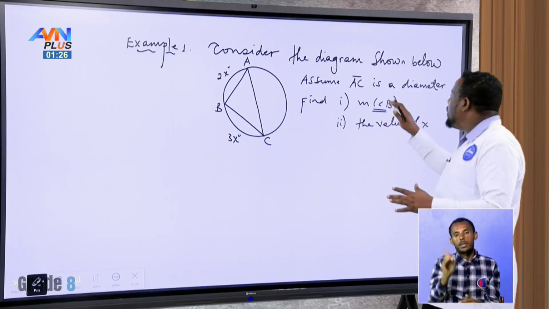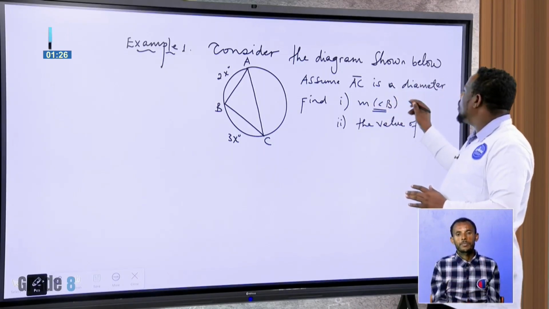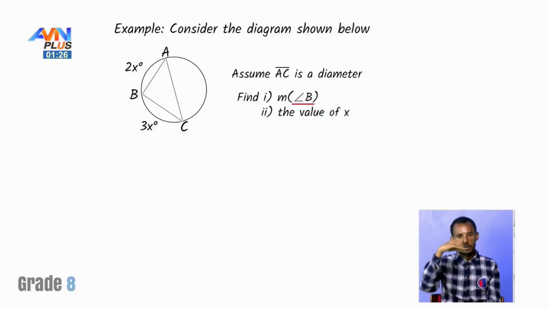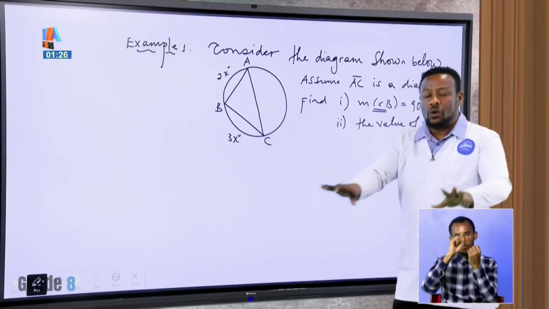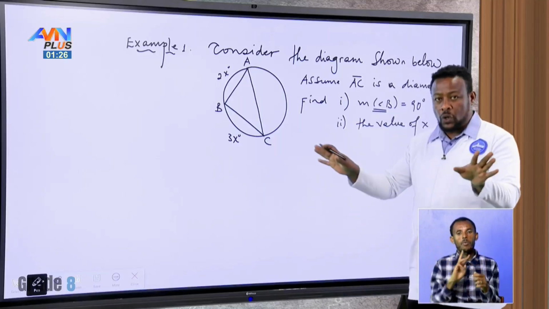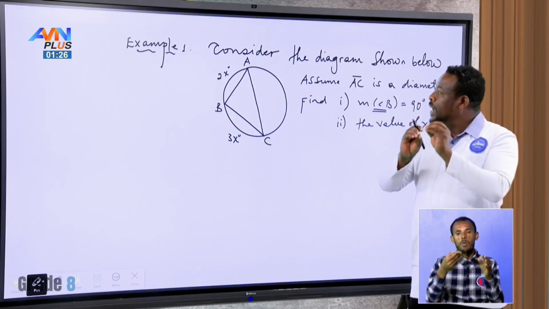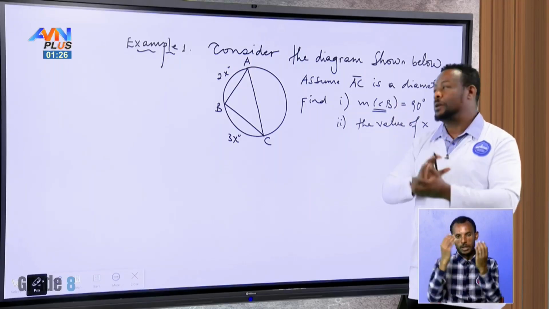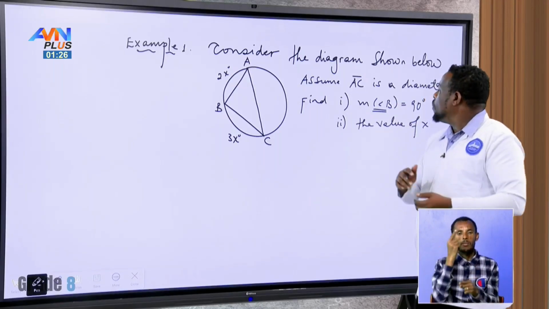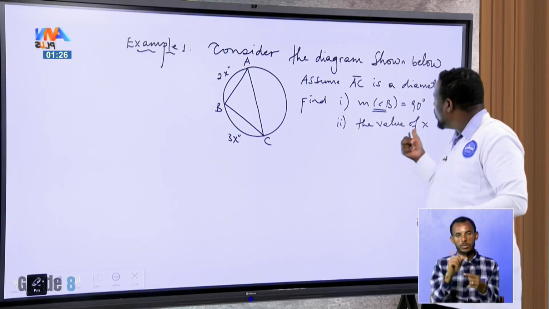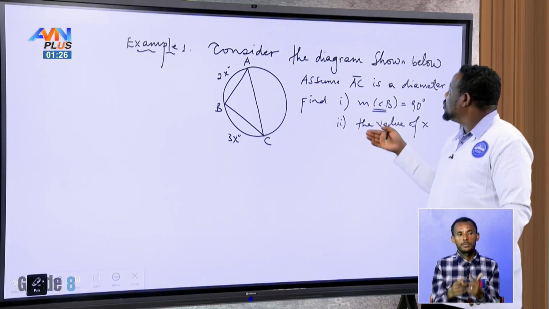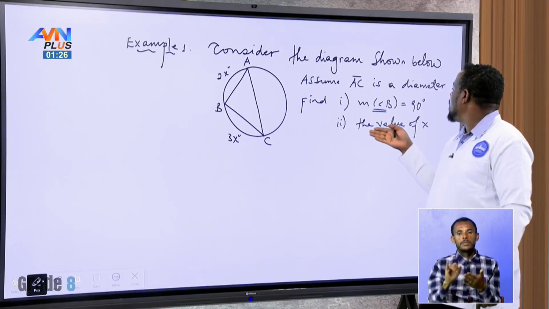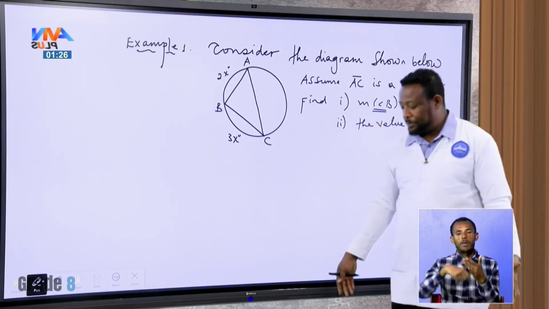So here, the degree measure of angle B is 90 degrees based on the theorem we already proved, right? So no more calculation, you can respond to the first part based on the theorem that we already proved.